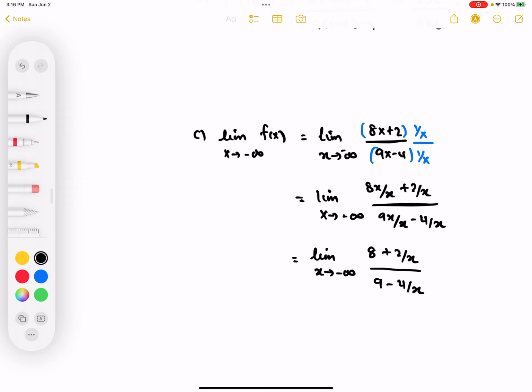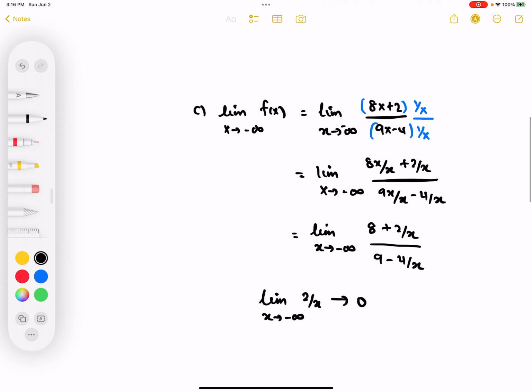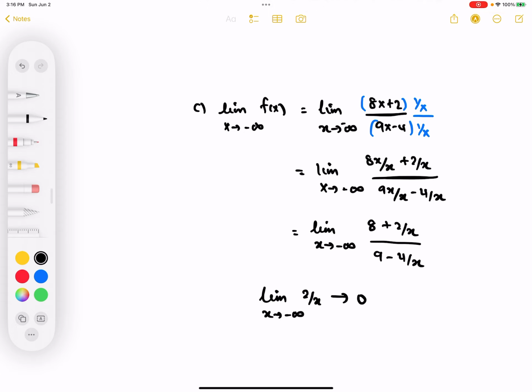Remember, the limit as x approaches negative infinity of 2 over x becomes 0. That means if you divide a number by a very huge positive or negative infinity, it is 0. The limit as x approaches negative infinity of 4 over x is, again, 0.